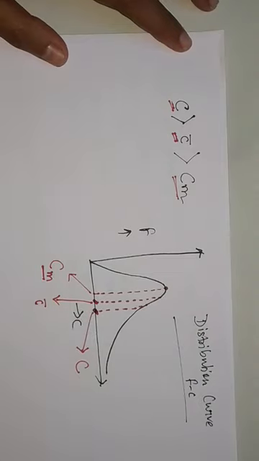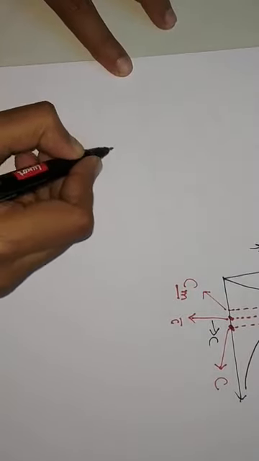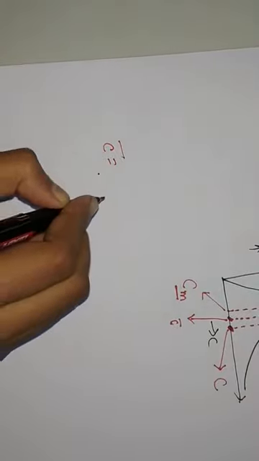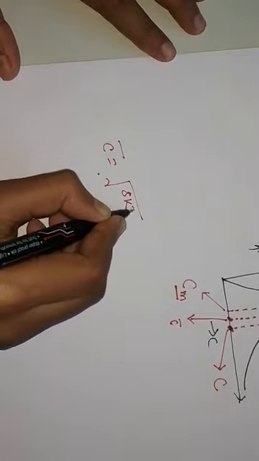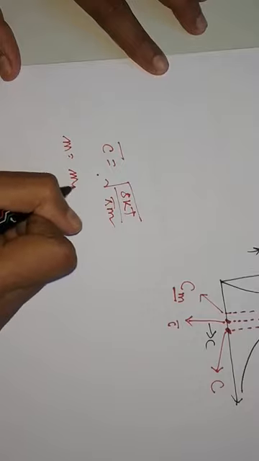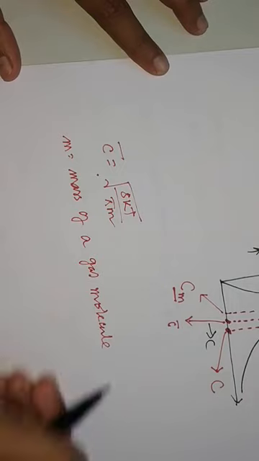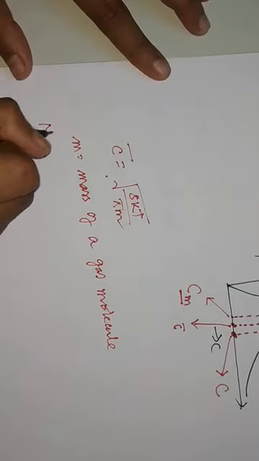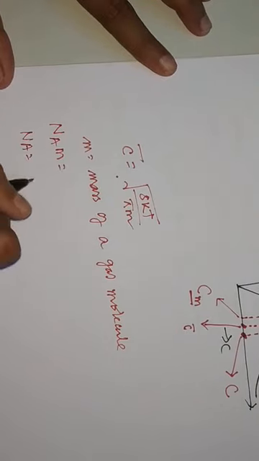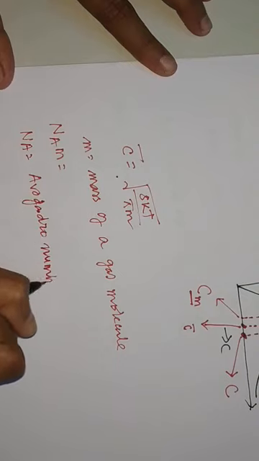Now another thing: suppose we write the expression for the average speed, which is root over 8kT by pi m, where m was the mass of a gas molecule. Now let us multiply it by Na. What is Na? Na is the Avogadro number.